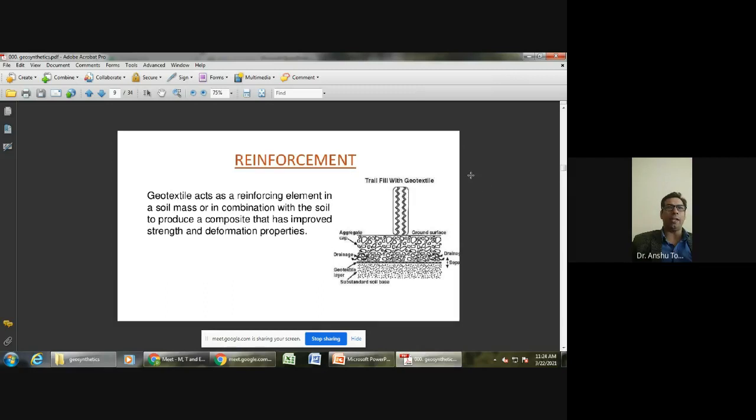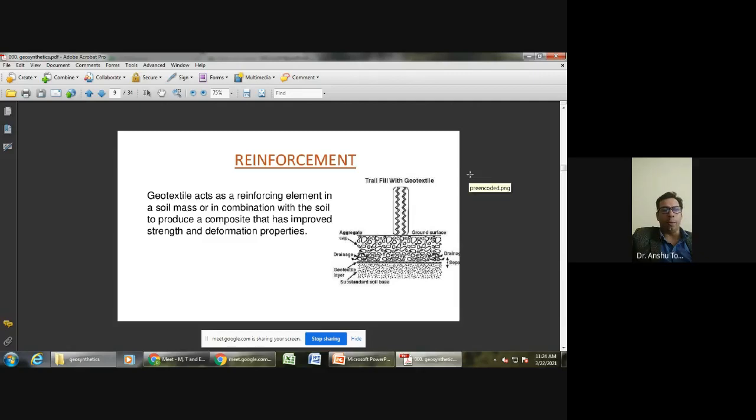Reinforcement, as I've already explained, now it is a common practice to use geotextiles for reinforcement. Most of the times in early days, approximately 2 decades back, first and foremost use of geotextiles was in strengthening the road surface, the road pavement.